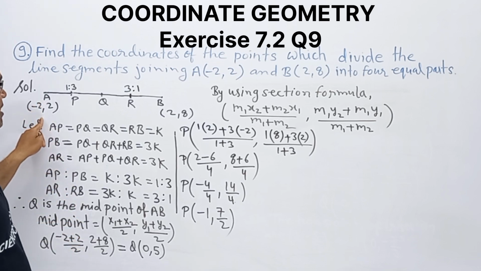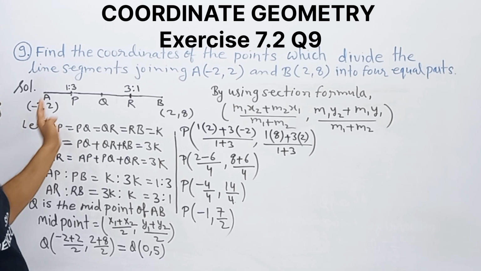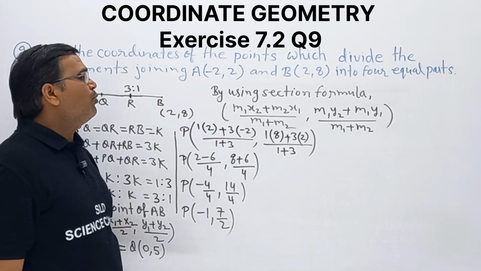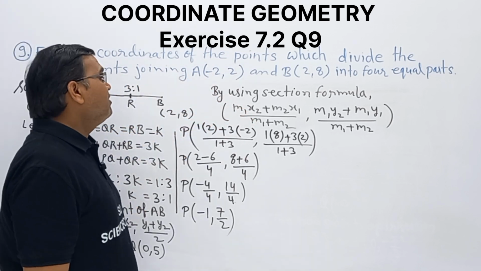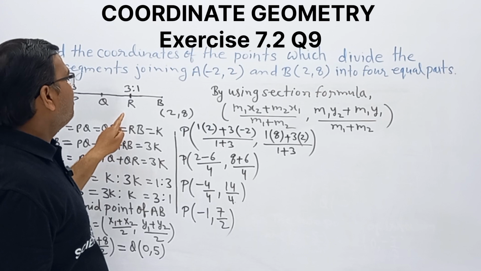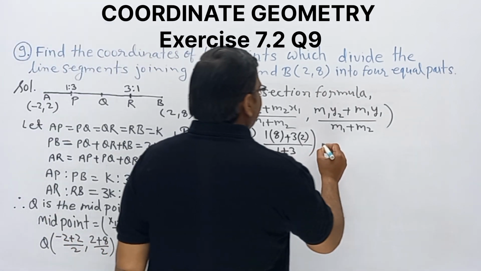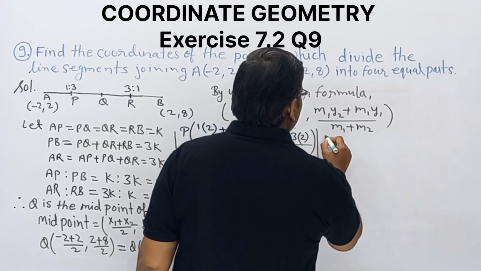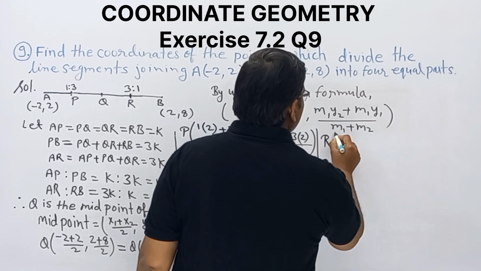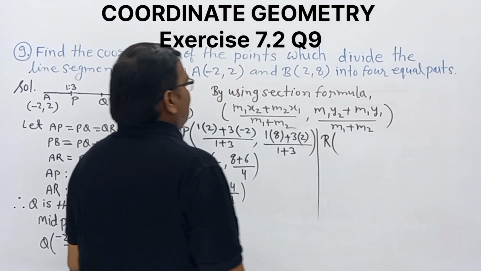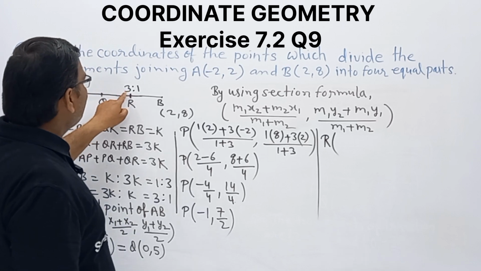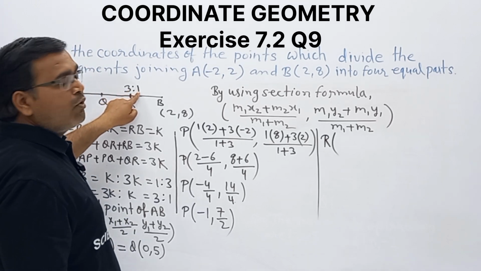We have the coordinates of A and B in the question. We put these values in the section formula and solve. Then we can obtain the coordinates of point R. Clear? Observe carefully. M1 is 3, M2 is 1.